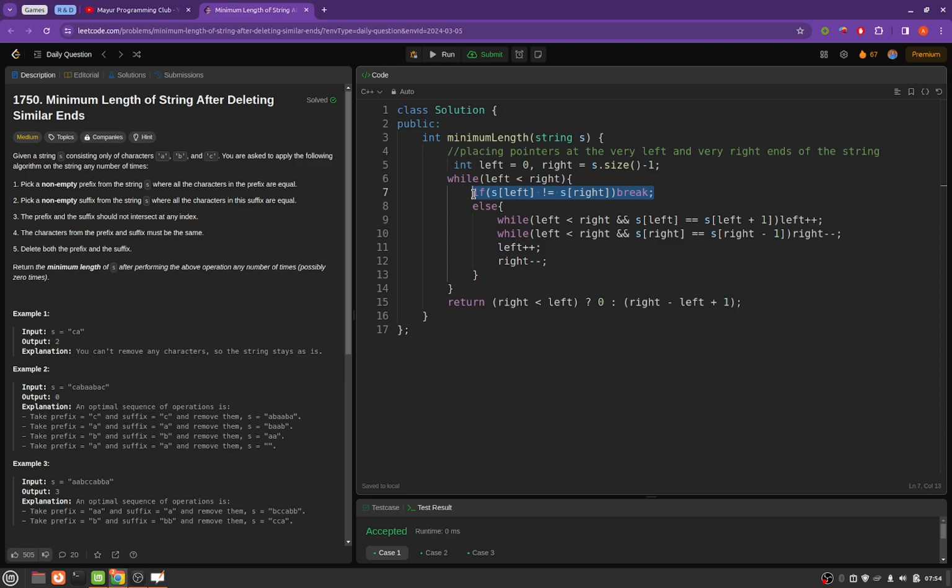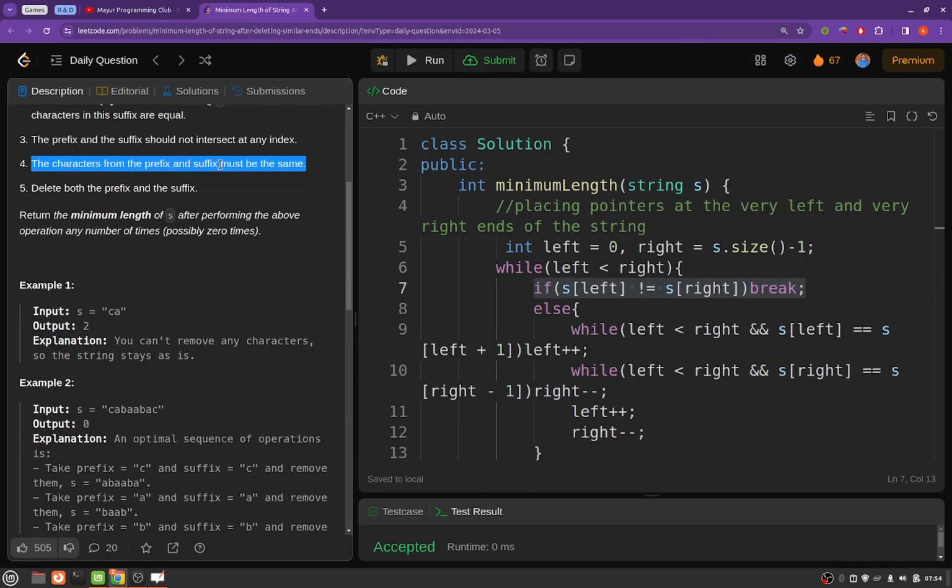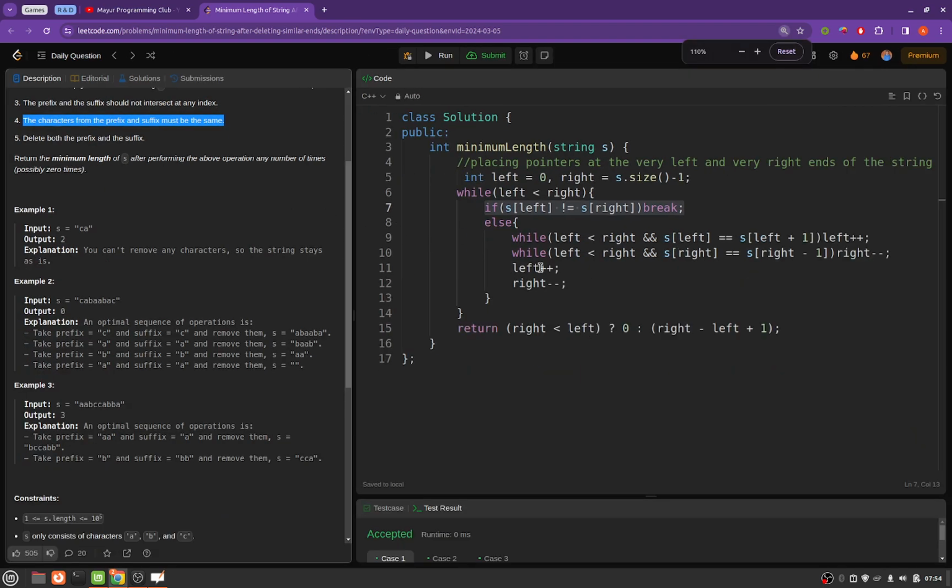In that case you will also terminate, because it will violate the fourth condition, that the characters from the prefix and suffix must be same. So if that's not the case, then you will terminate there. Okay, so this is also another termination condition.